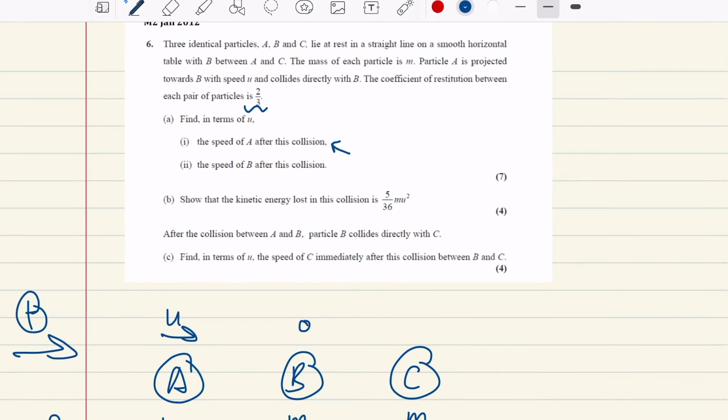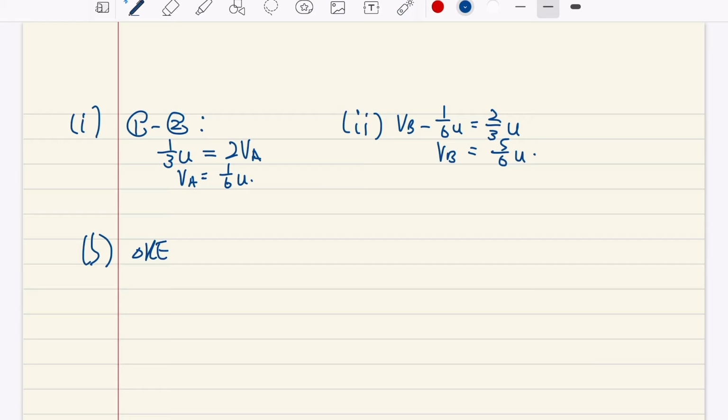So for part B, show that the kinetic energy lost in this collision is 5 over 36 mu squared. To find the kinetic energy loss, we need to use the initial kinetic energy minus the final kinetic energy.